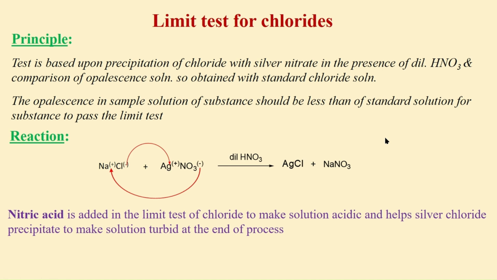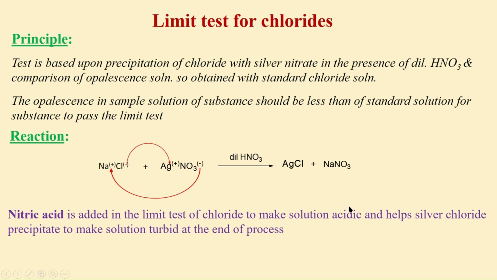Why is this nitric acid added? Nitric acid, which we add in this limit test of chlorides, gives acidity to the solution. In other words, it makes the reaction mixture acidic. When it is acidic, silver chloride precipitates and the sodium nitrate's solubility is enhanced.